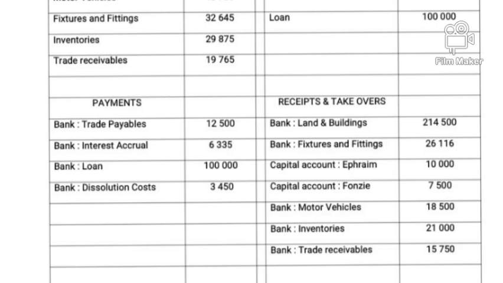The first receipt that I have is land and buildings, 214,500. I'm also going to record fixtures and fittings, 26,116. We have also motor vehicles amounting to 18,500. We have inventories, 21,000, as well as trade receivables, 15,750. So these are the receipts that we have to debit in the bank account.